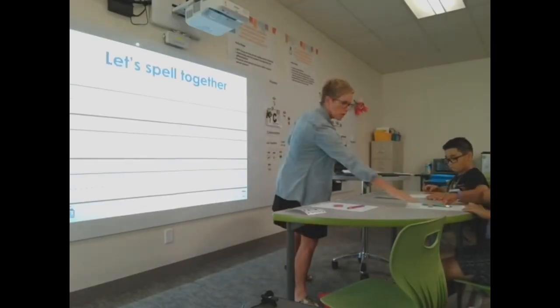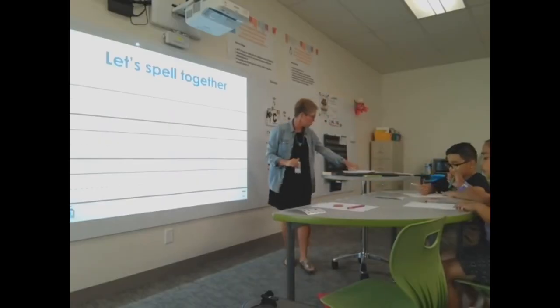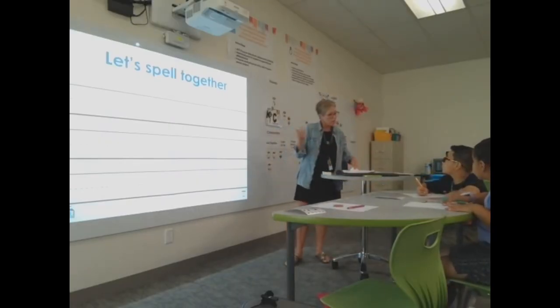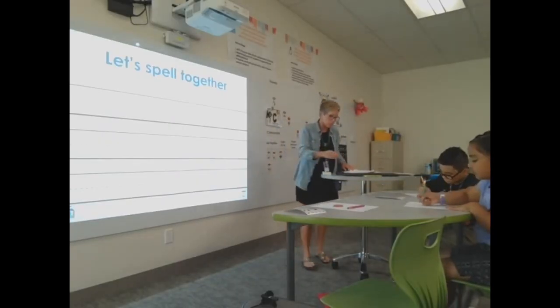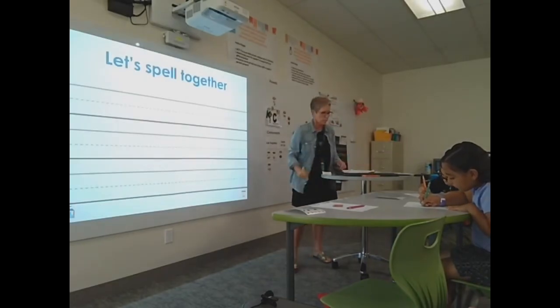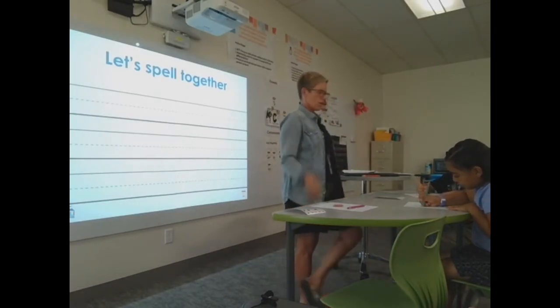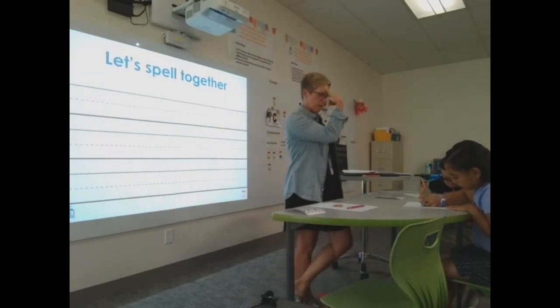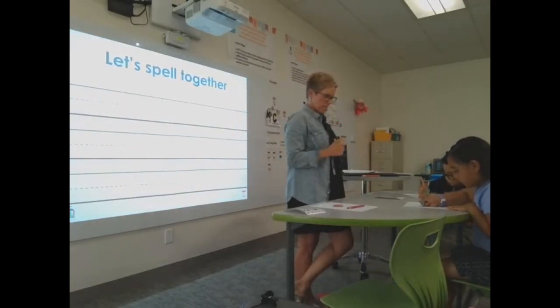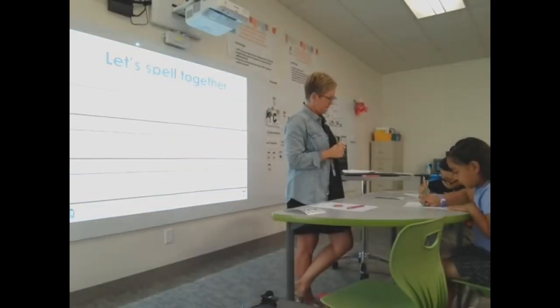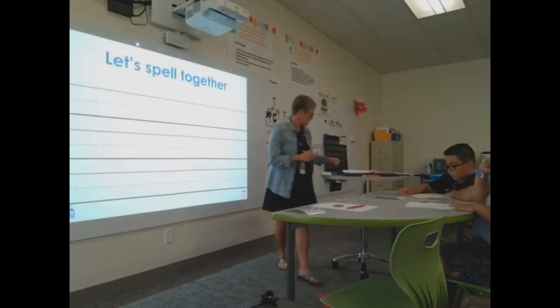Let's spell some other sight words. So let's go to the middle. I'm going to give you some sight words. Let's try that word said. That's sometimes a tricky word and it doesn't play fair. So let's see if we can do it on our own. Said. Get it in your brain. You have to remember it by heart. RJ, tell me the letters you used for said.